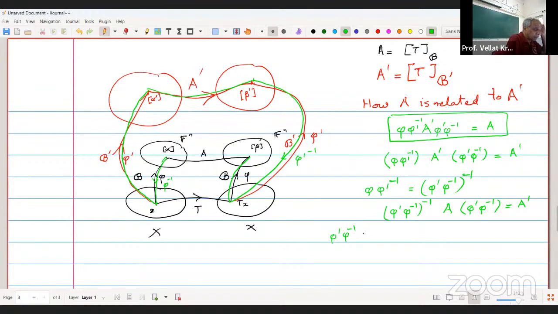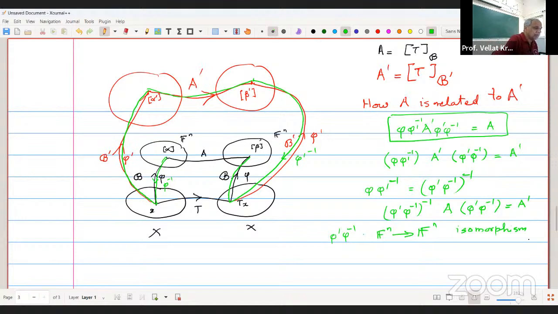So this is a map from Fn to Fn. It is an isomorphism. And its inverse is also an isomorphism.